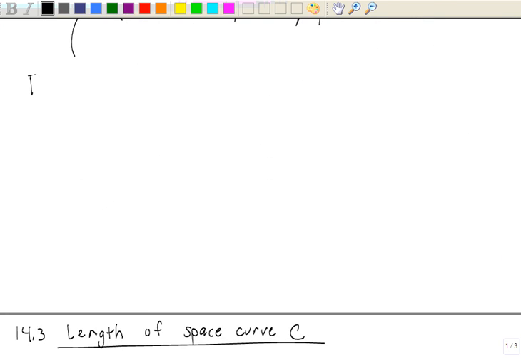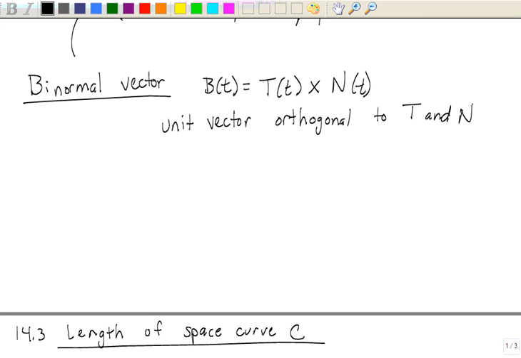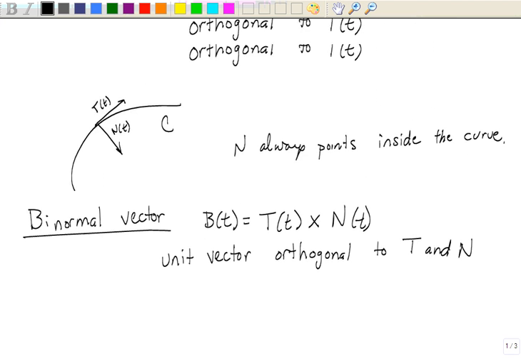Then we also have the binormal vector, and that's B of t. We define that to be T cross N, and this is a unit vector orthogonal to T and N. So in 3 dimensions, we already know what T and N look like.